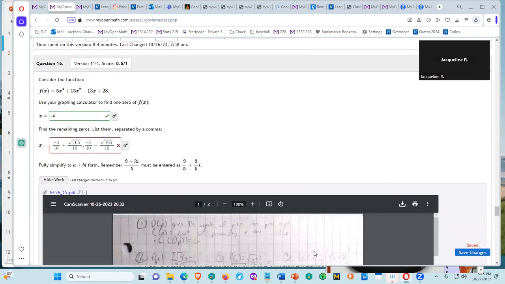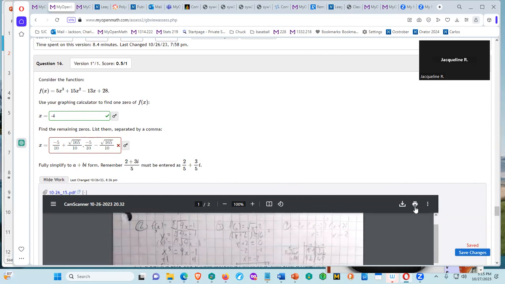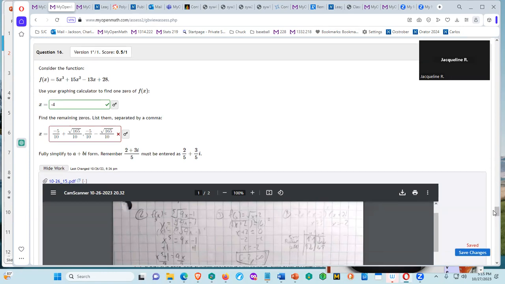Consider the function, use your graphing calculator. Now this directs you to use the tech to get a zero, and you did that. In 98% of cases, we don't even need the rational zeros theorem, the P's and Q's and P over Q's.